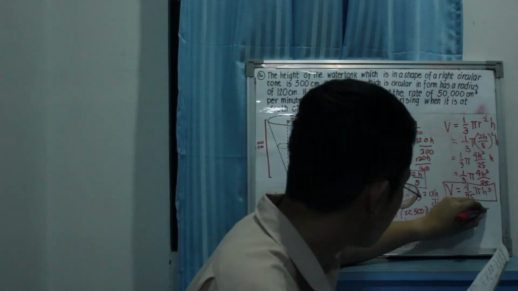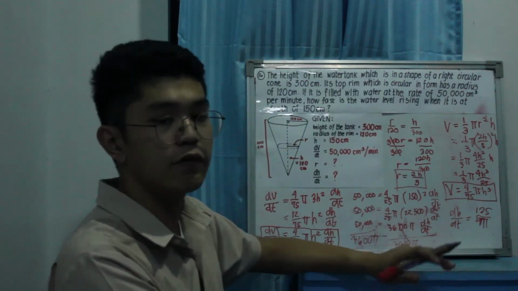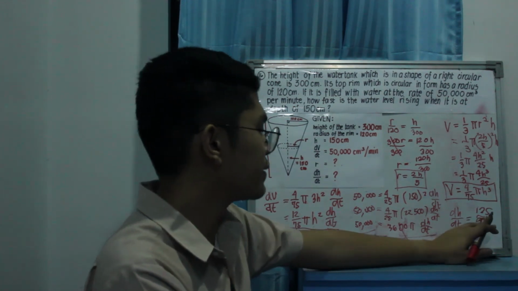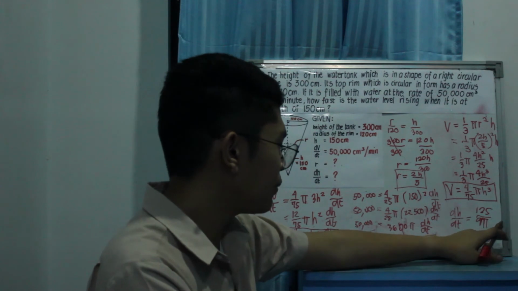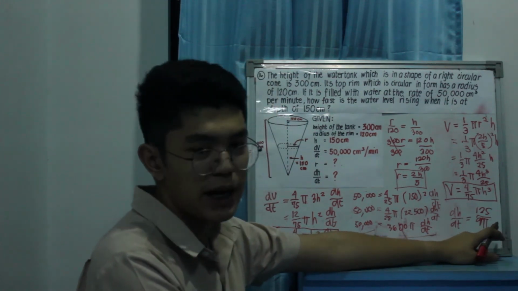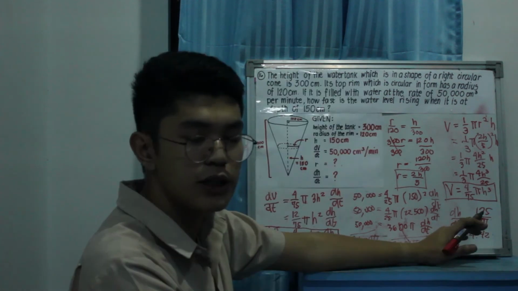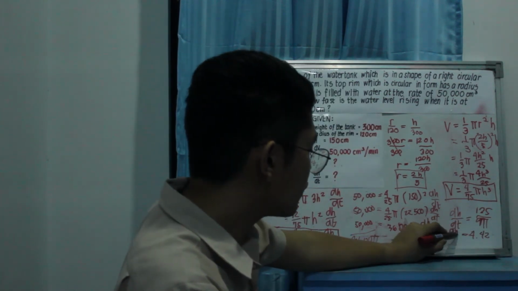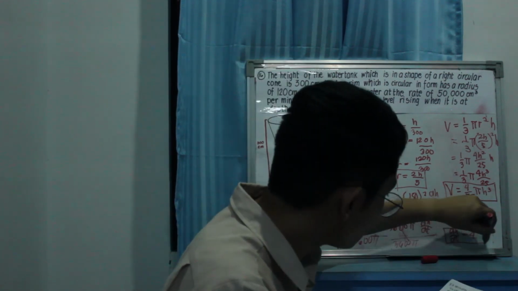It will become 125 over 9 pi. So basically our dh over dt is 125 over 9 pi. If we plug in the value of pi, it will become 4.42 cm. So basically our dh over dt is 4.42.